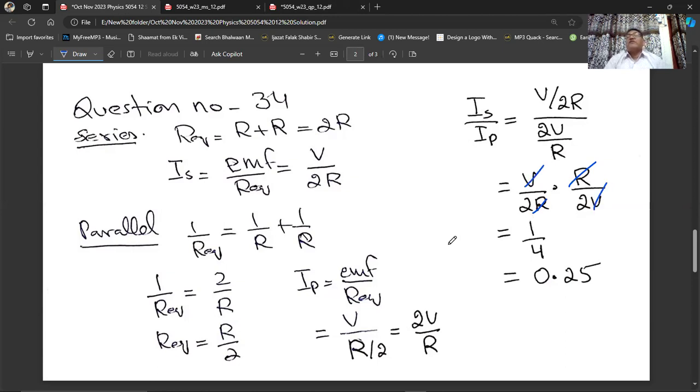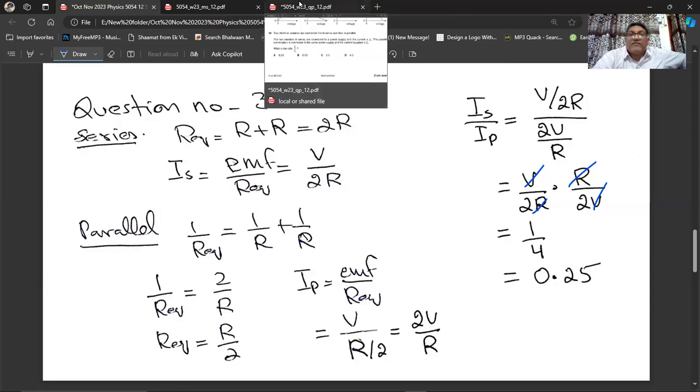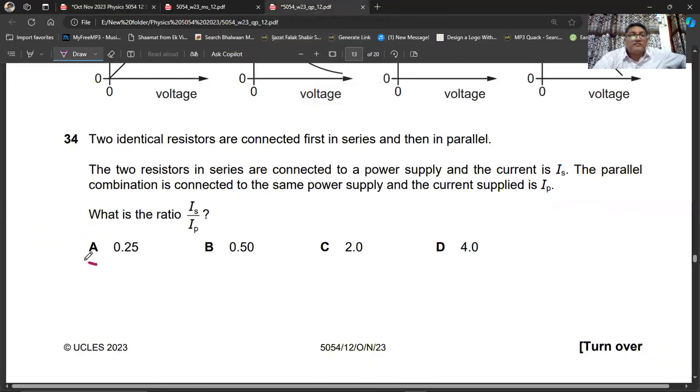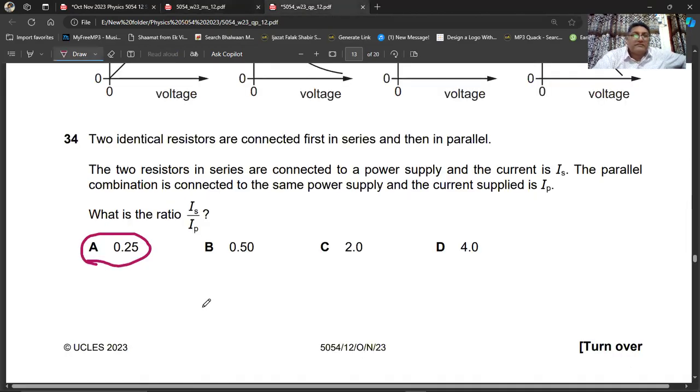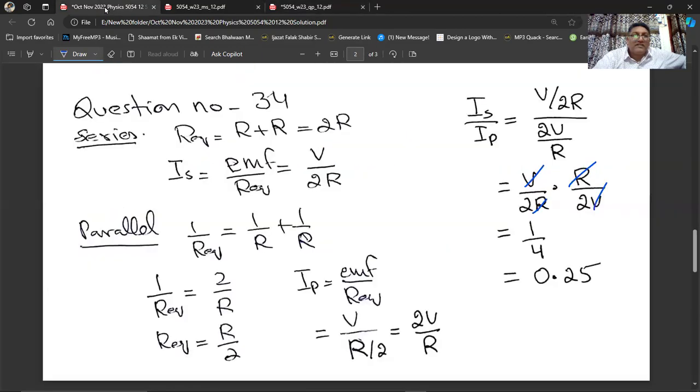So your final answer will be 1 by 4, that is 0.25. So the ratio between these two currents will be 1 by 4, or you can say 0.25. So I think A is the choice. This is the answer.